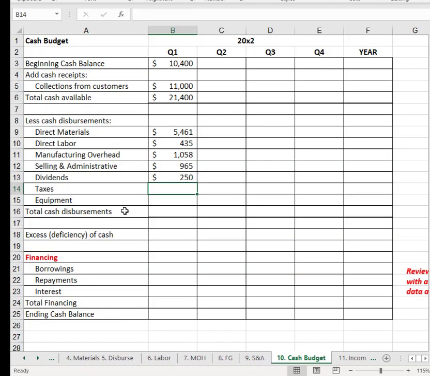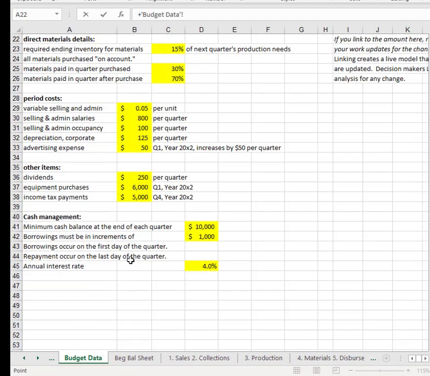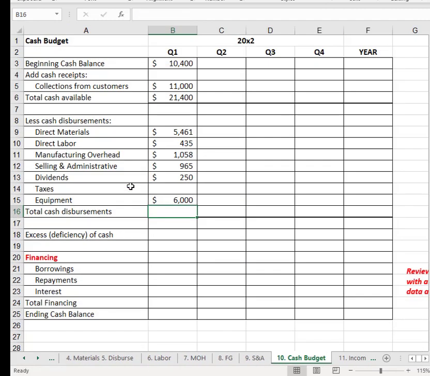So no taxes in the first quarter. What about equipment? Let's go over here, see what they tell us. Equipment purchases, $6,000 in quarter one only. Okay, so those won't be in every quarter. Total cash disbursements now. We add all of that up, and there we go.